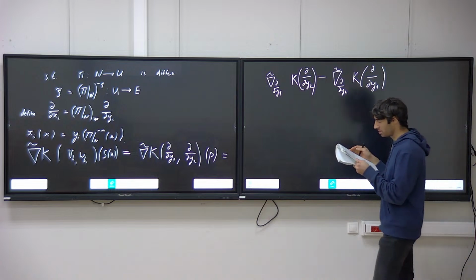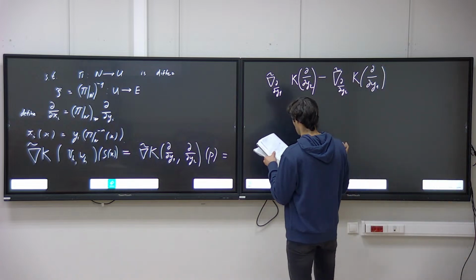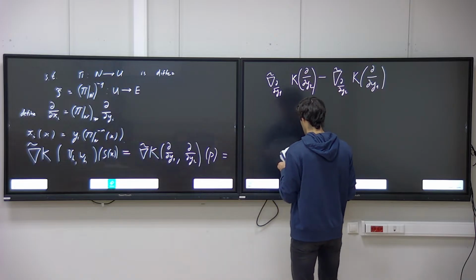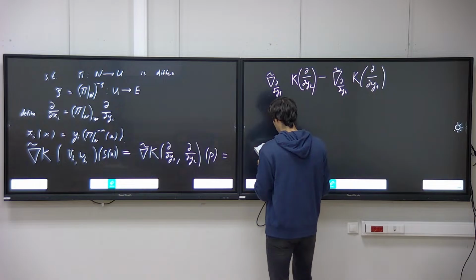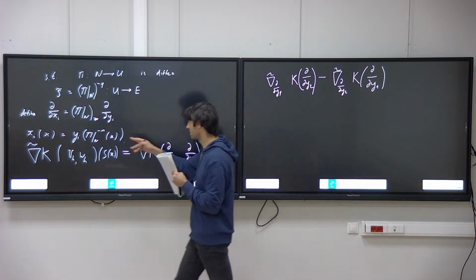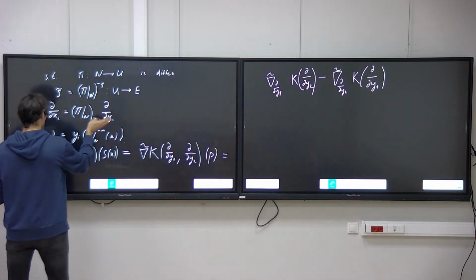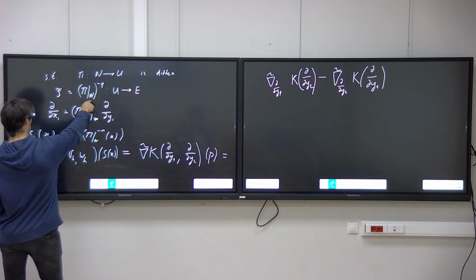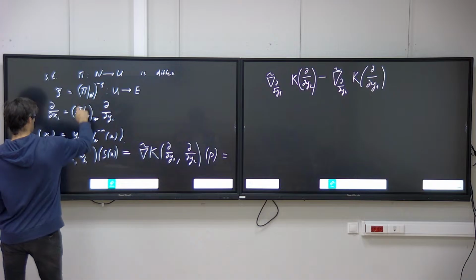Now I need to go back through all the definitions to get the standard R that I started with. So first of all, S tilde is pi N inverse, right?